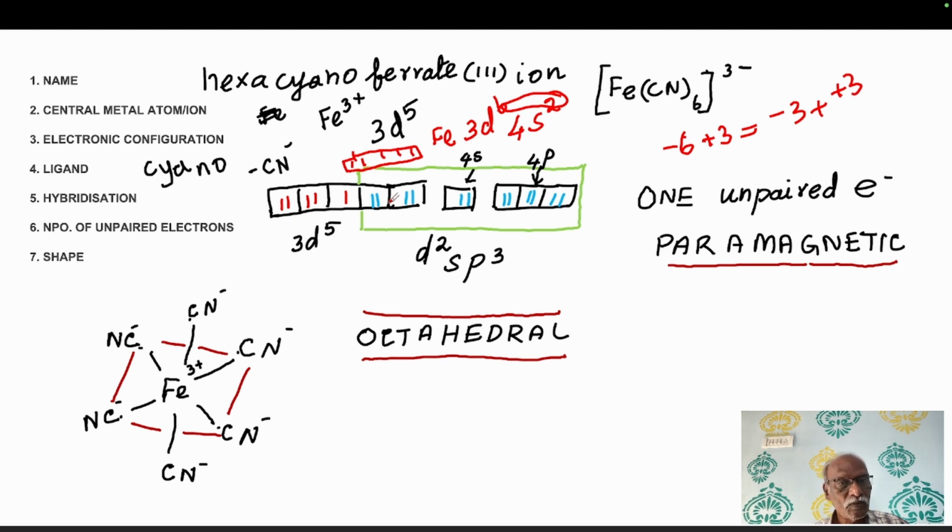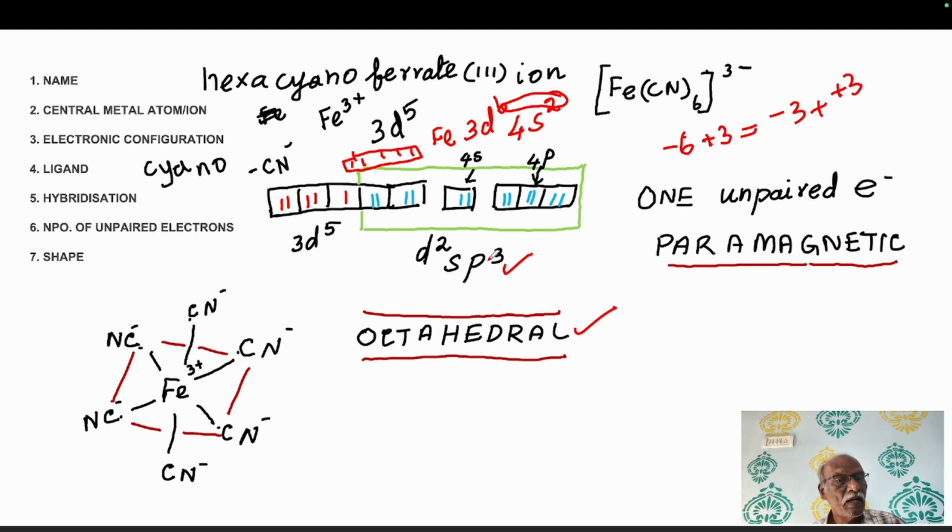Okay, so now these 6 orbitals mix together and form a new set of orbitals called d2sp3. These d2sp3 6 orbitals orient in space such that they occupy the vertices of a regular octahedron. How many vertices are there? 6 vertices, and thereby the shape becomes octahedral.